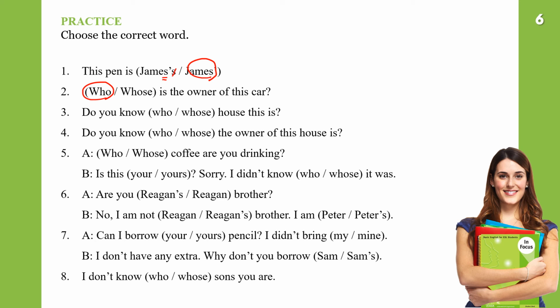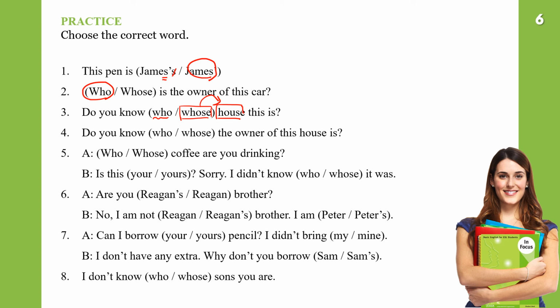Do you know whose house this is? So we have a noun. So we need an adjective to describe. This is subjective and this is possessive adjective. So you use whose house this is. Do you know whose house this is? Do you know who the owner of this house is?